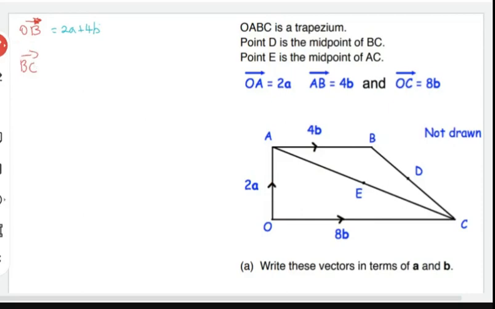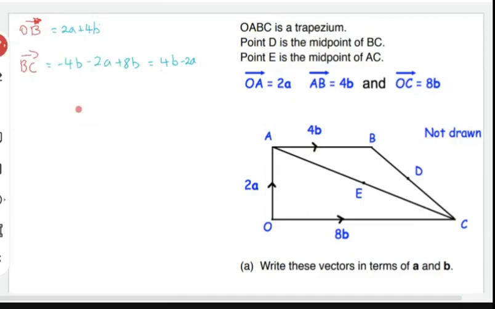So from B to A, you've got the vector minus 4B, and then from A to O, you've got minus 2A, and then from O to C, you've got plus 8B, and then we can simplify that to 4B minus 2A. Good stuff.